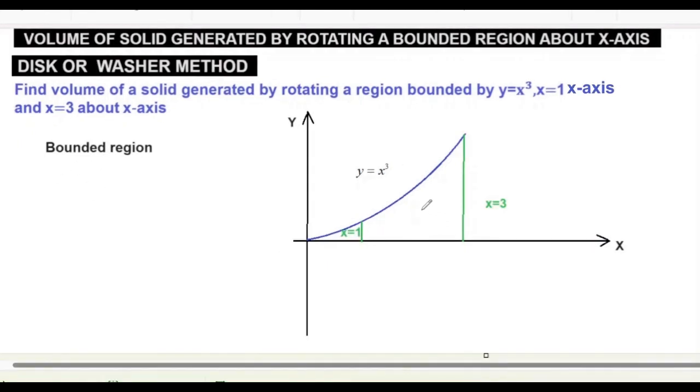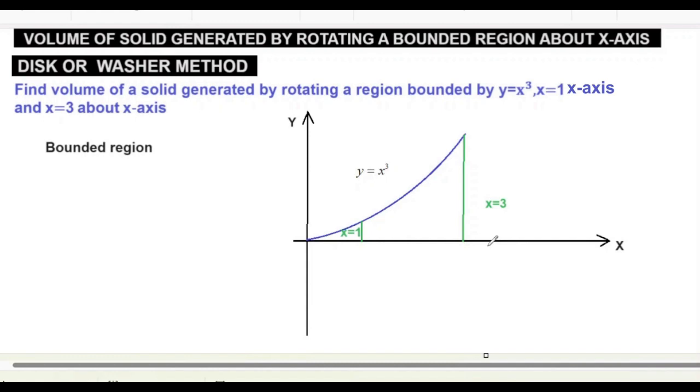So this is the region bounded by the lines, the curve and the x-axis. Now this region is going to be rotated about the x-axis to create the solid of revolution.